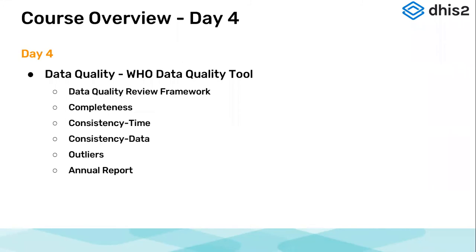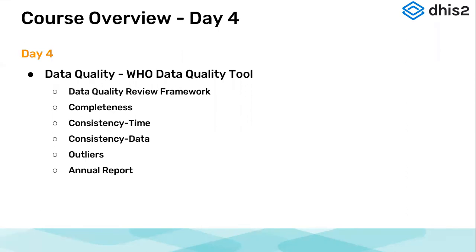And for the fourth day, we will introduce you to a supplementary DHIS2 based analytic tool, which is the WHO data quality tool. So as I mentioned before, we have a separate level 2 training academy for data quality in which somewhere close to 2 days are allocated to cover the content related to the WHO data quality tool.